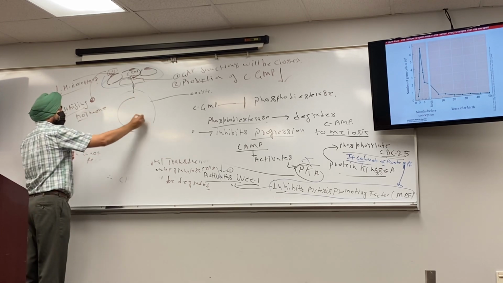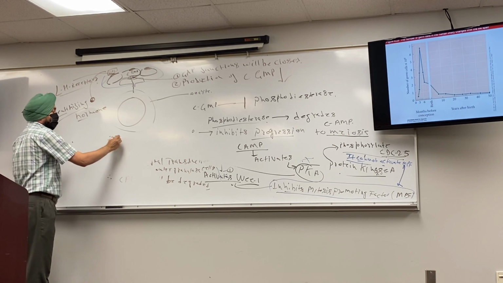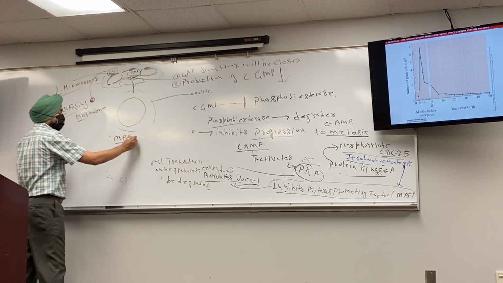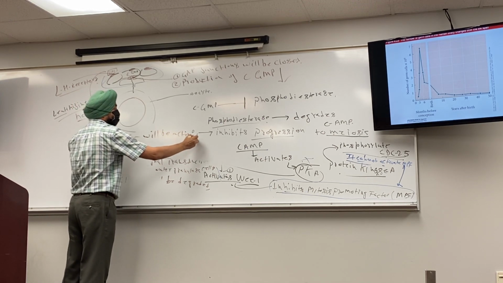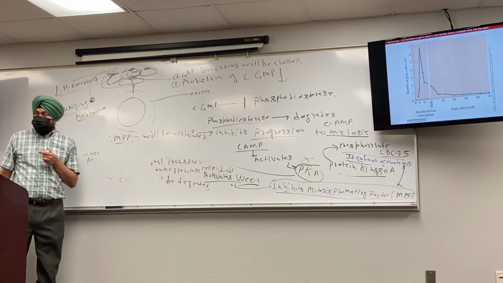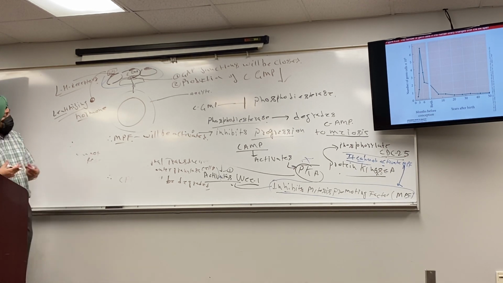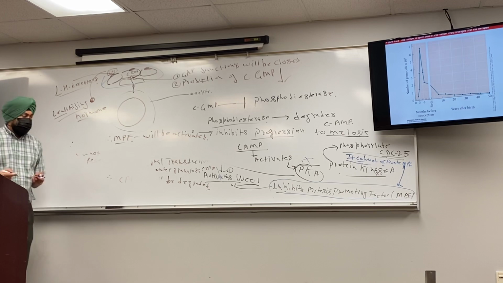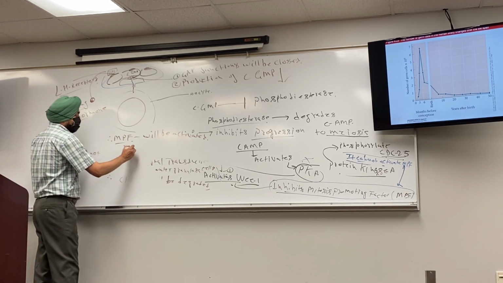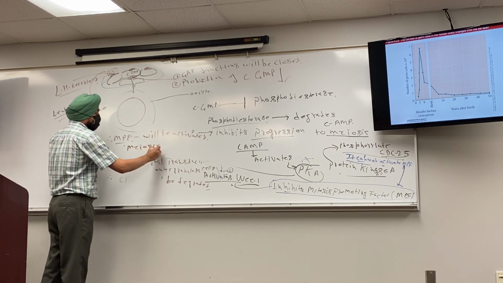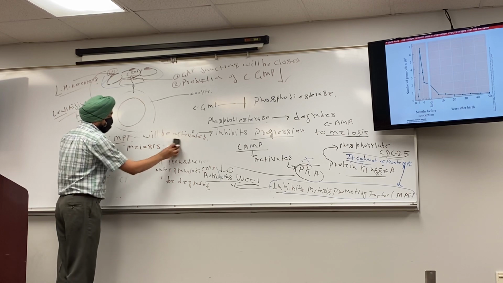So this oocyte is there, cyclic AMP is degraded. So therefore, MPF, mitosis promoting factor, will be activated. Okay? And if MPF is activated, then what is going to happen? We are going to say that meiosis is going to start, right? I will say resume because it started early.